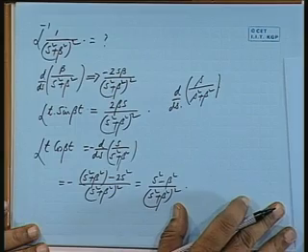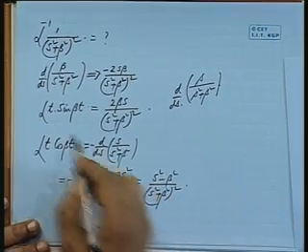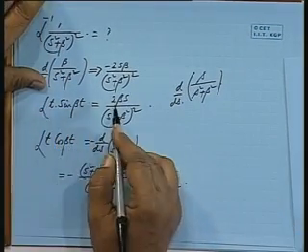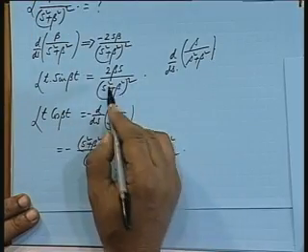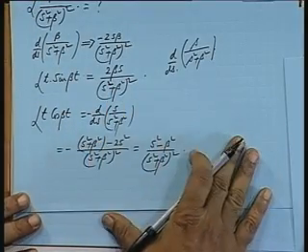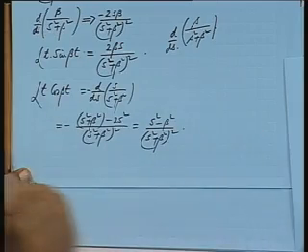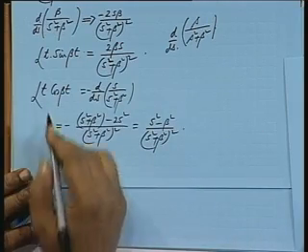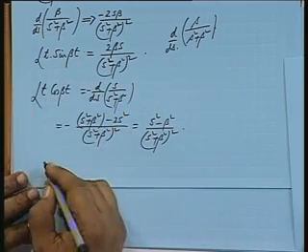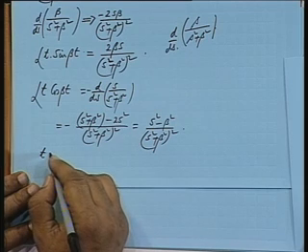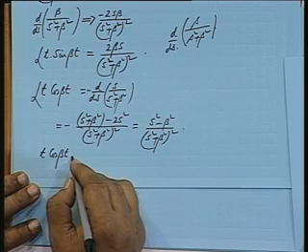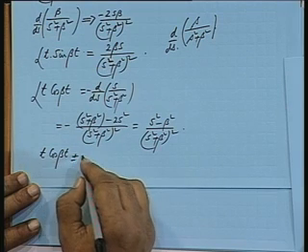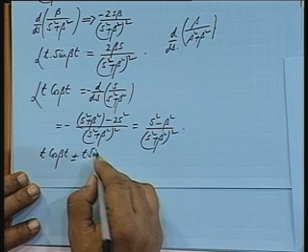Okay. The other one is t into sin beta t, 2 beta s by s square plus beta square whole square. So I can make any combination: t into cosine beta t plus minus t into sin beta t.